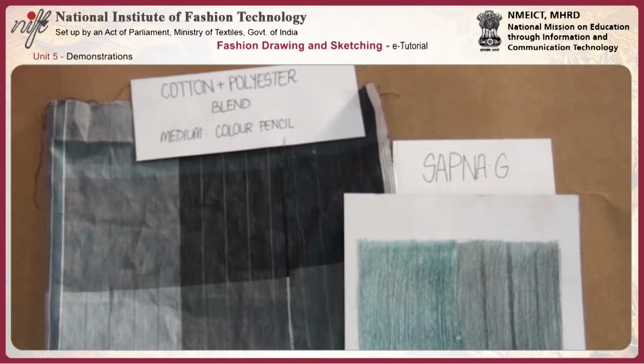Apart from these color combinations, you can also see that certain yarns are visible in contrast to the ground fabric. So all these details must be included in your rendering.